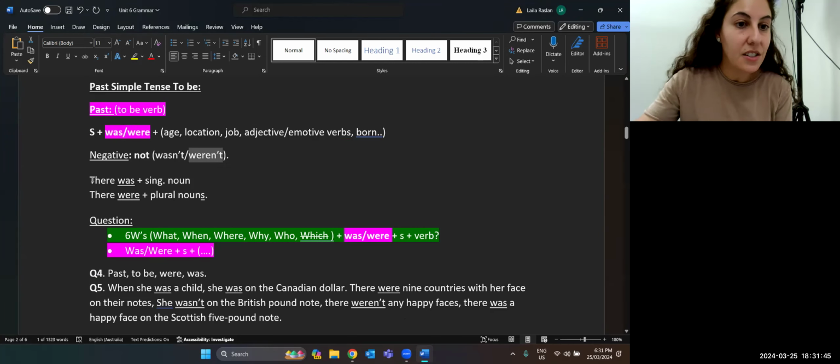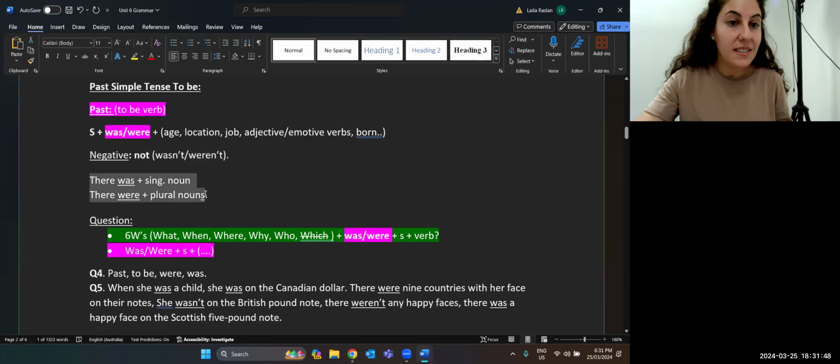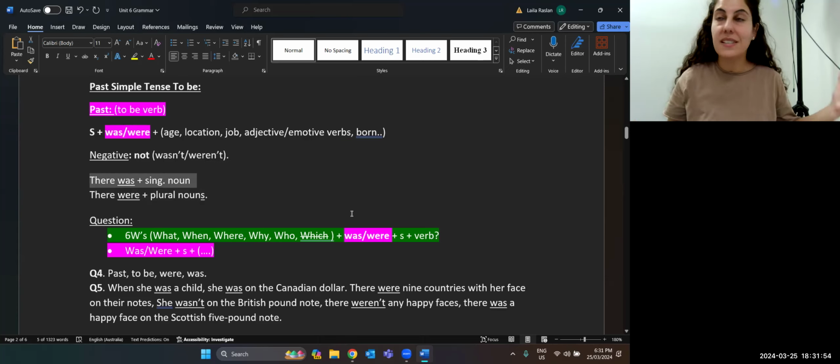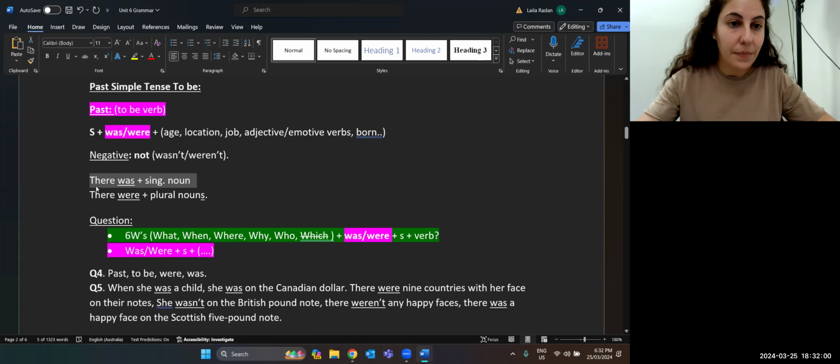And remember, we're just recapping, there was and there were. We can use them with nouns. For singular nouns, there was: there was a spider in my room. There was a student in my class from Peru.